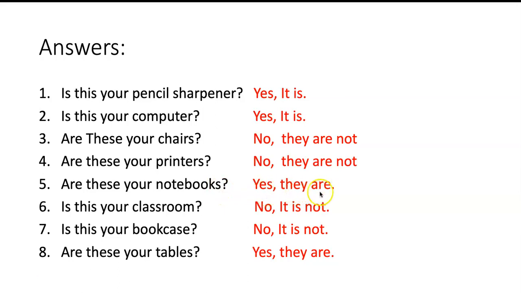Yes, they are. Is this your classroom? No, it is not. Is this your bookcase? No, it is not. Are these your tables? Yes, they are. Okay, so remember when you ask with are these, you have to answer with they are. If you ask with is this, you have to answer with it is. Okay, so if you have in this way, good job.